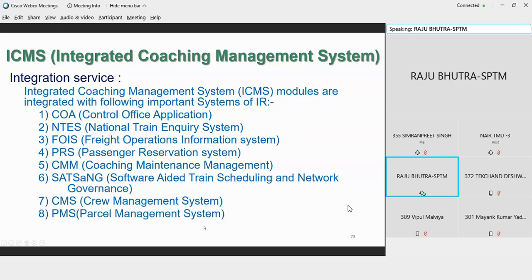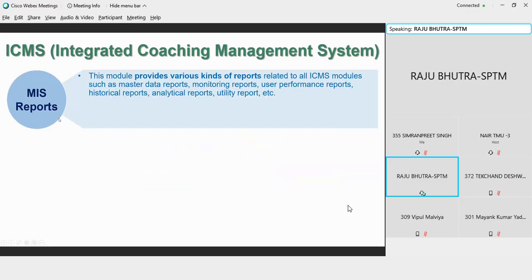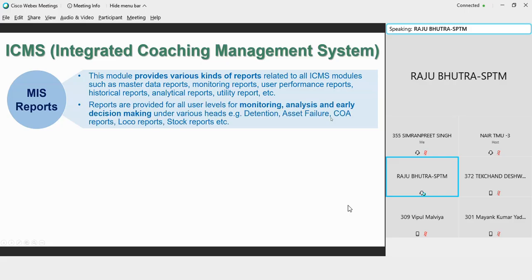Crew management system, parcel management system, and computerization of TT log. MIS reports can be generated using ICMS modules. All these MIS reports like data reports, user performance reports can be generated. These reports are very important for monitoring, analysis, and early decision making.